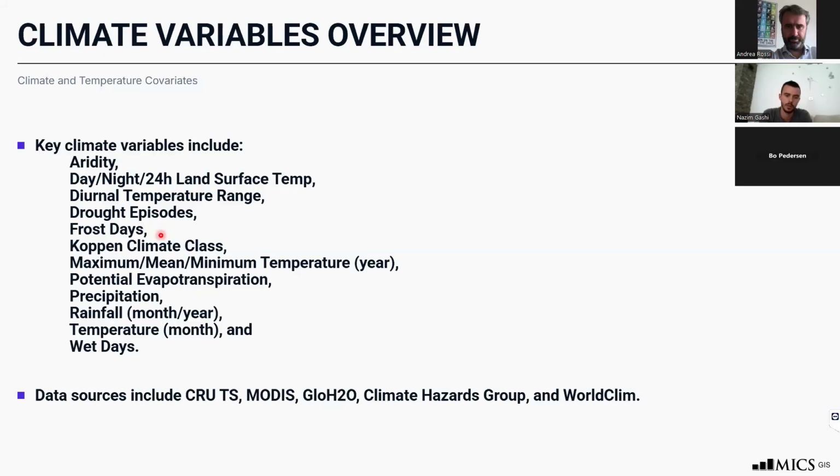Then we have the climate classification for each mixed survey location, and this is done using the Köppen climate classification. For the people that are joining here and are aware of the Köppen classification, they know that different climate classifications are available online, but we are using this one, the Köppen, and it has 30 different classes, and we are including all of them.